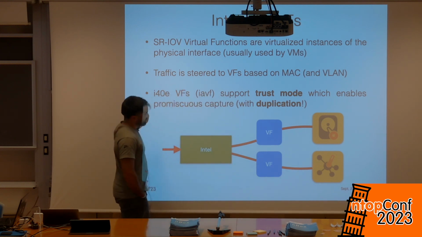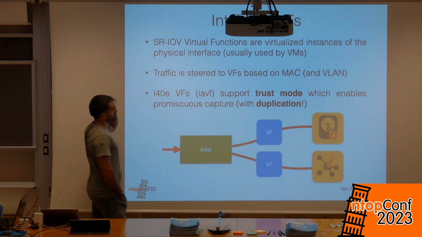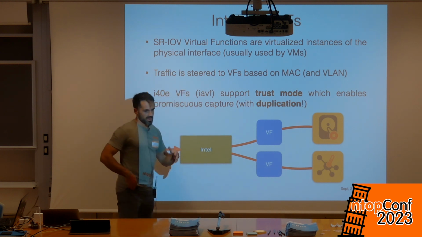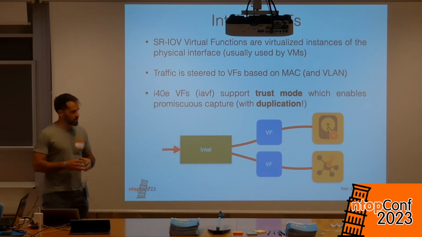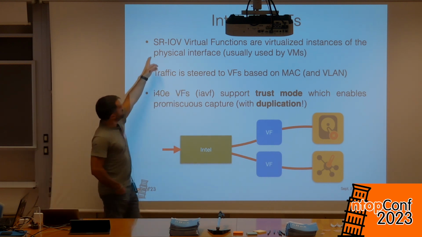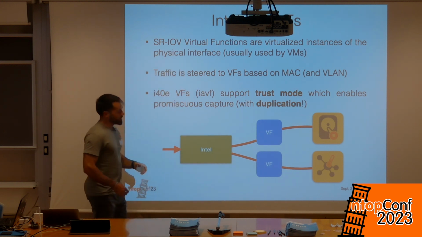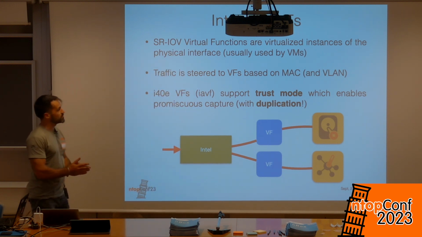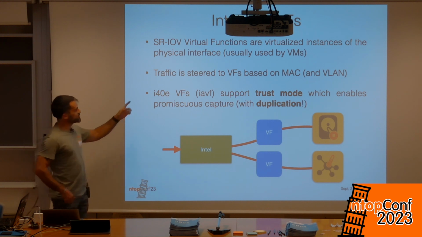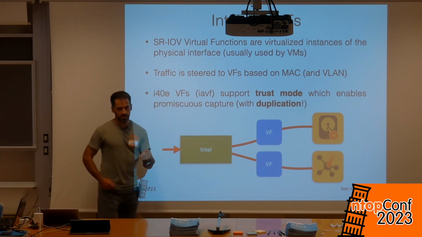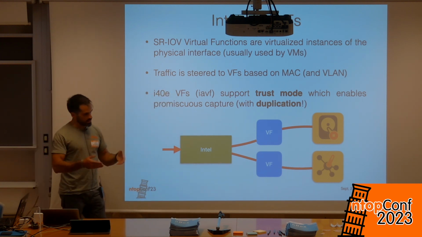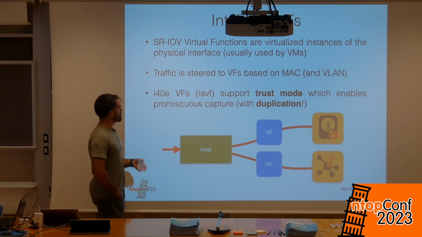With this virtual function driver, let's say we take a device that supports SR-IOV and we split a single interface into multiple virtual interfaces. This is used for virtual machines. So with a single adapter, you provide network connectivity accelerated in hardware to virtual machines.